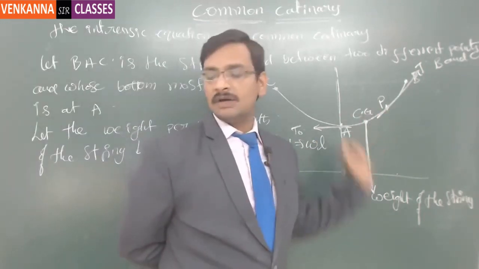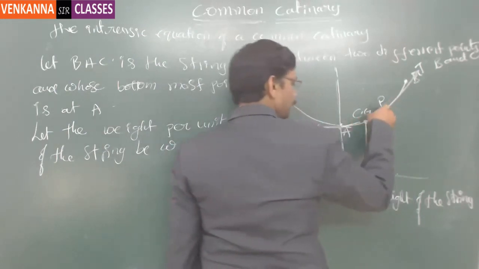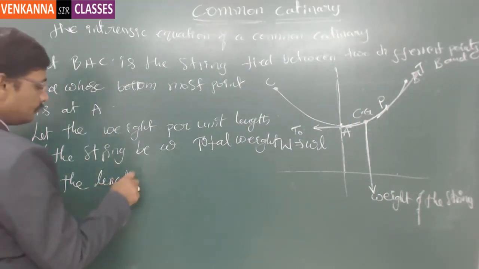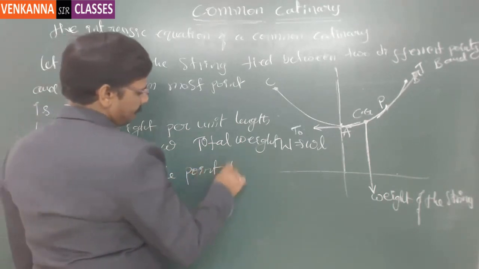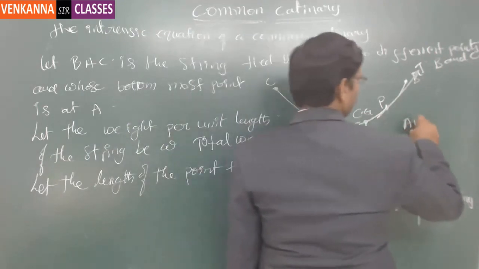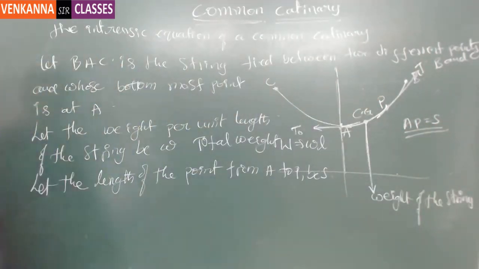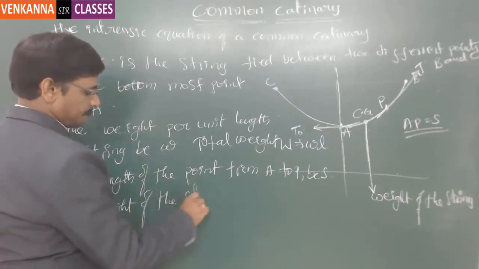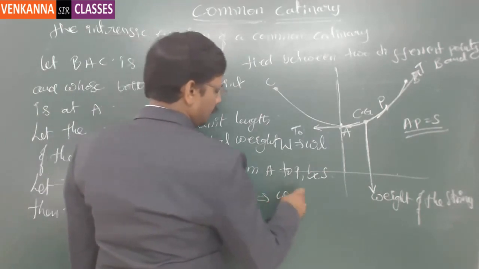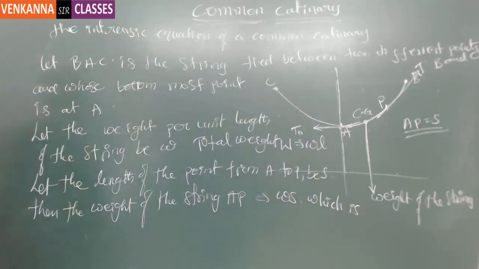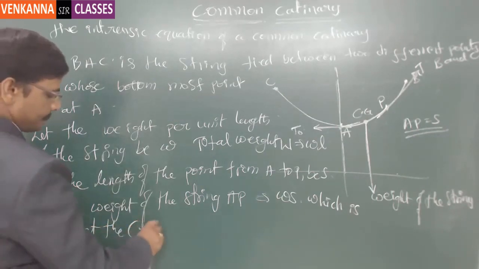Now for this particular case, let us say I call the length from A to P as S. So if I call this length AP equal to S, then the weight of the string AP is equal to w into S. So that is the weight of the string which is acting at the center of gravity of the length AP.